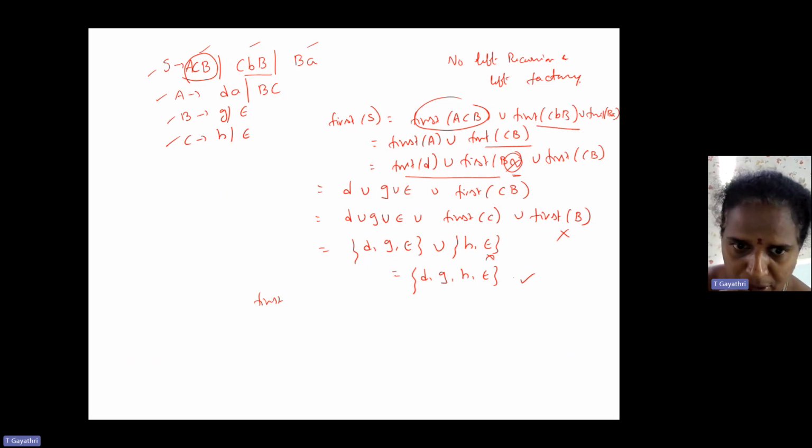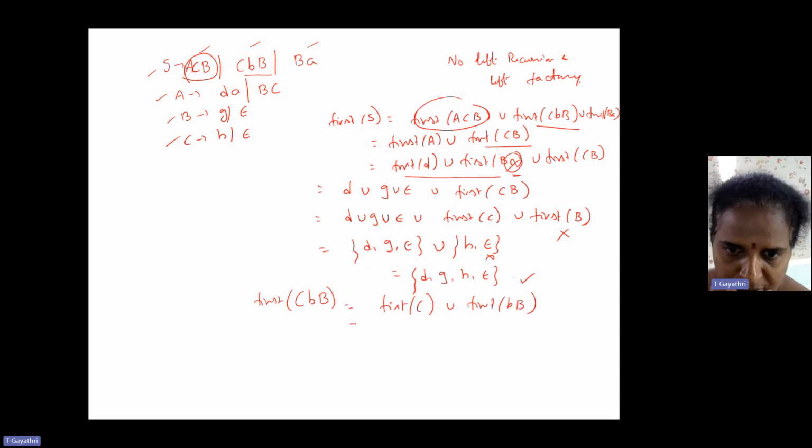So now we can find out this value: first of CbB equals first of C union first of bB. What is the first of C value? h, epsilon, right? Epsilon is there, so no need to go to this part. Only h and epsilon for this part.